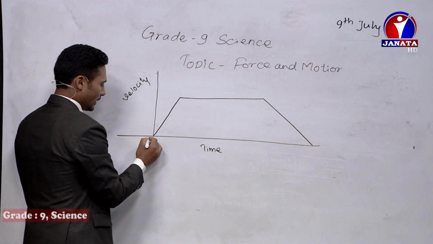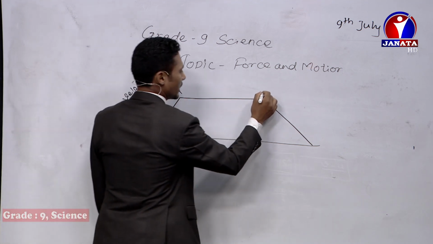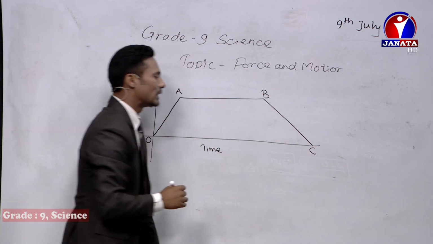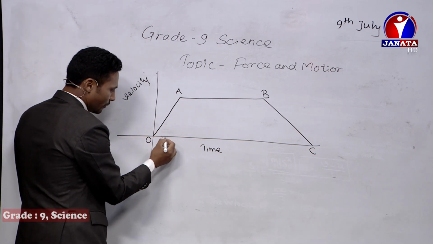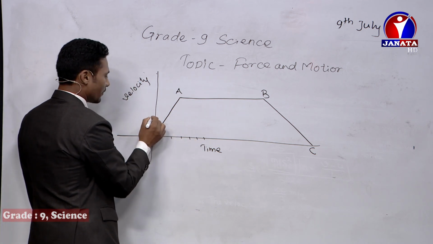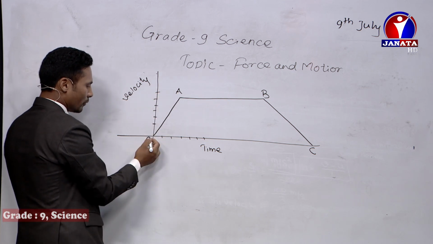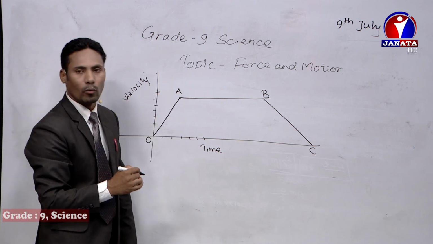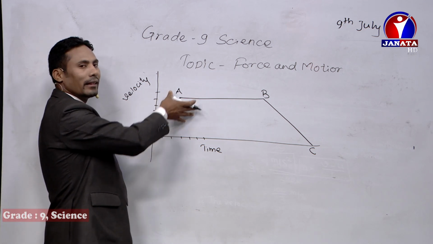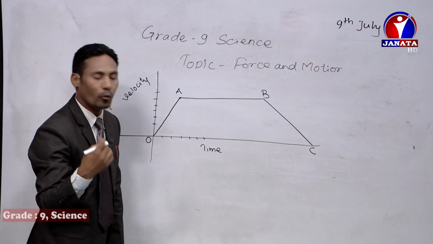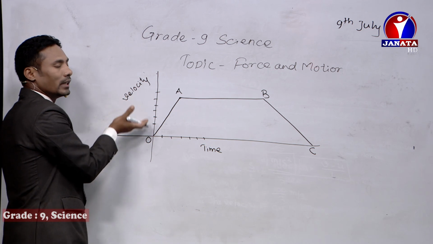Let's say this is the origin O, this is point A, this is point B, and this is point C. When the object moves from O to A, the acceleration is positive, because as the time increases, the velocity also increases.